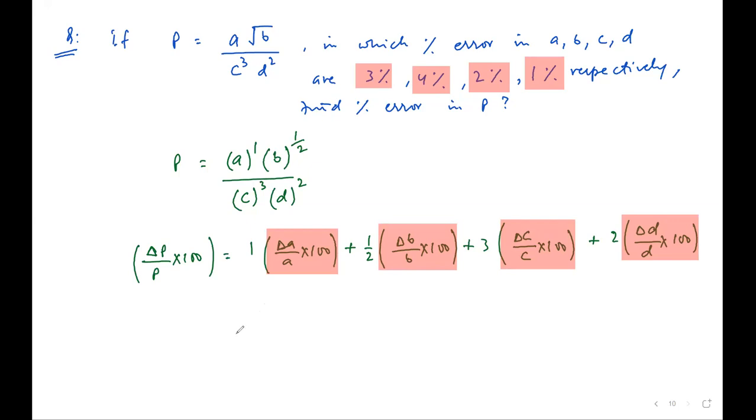Is it clear? Suppose you have 1 as coefficient multiplied by percentage error in A, which is given in the question, which is 3, plus half as coefficient of B and percentage error in B is 4. Just put all the respective values and simplify it.